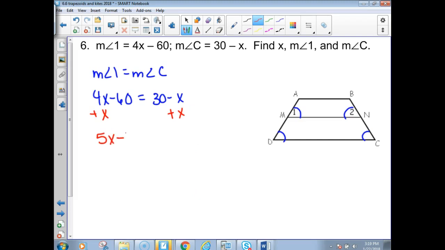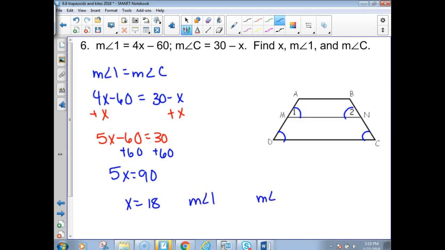I get 5 times x minus 60 equals 30. Add 60. 5 times x is 90, and divide by 5. So I get x is 18, and then I need to find the measure of angle 1 and the measure of angle C, which are the same number.